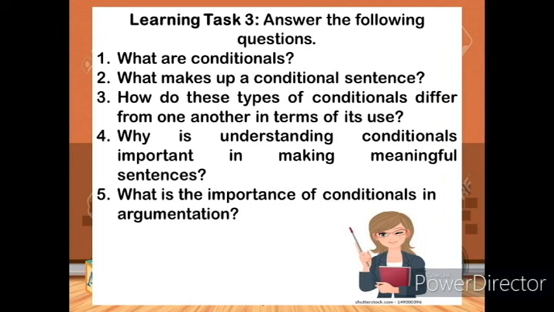Number 3, how do these types of conditionals differ from one another in terms of their use? Number 4, why is understanding conditionals important in making meaningful sentences? Number 5, what is the importance of conditionals in argumentation?